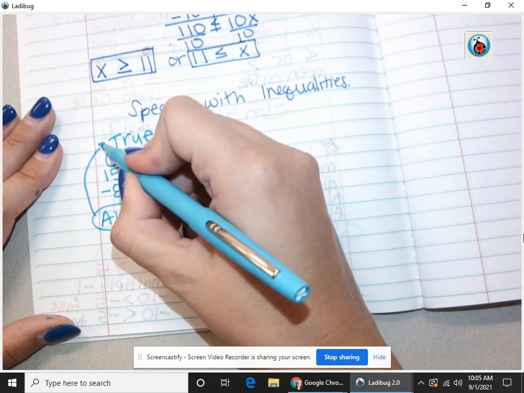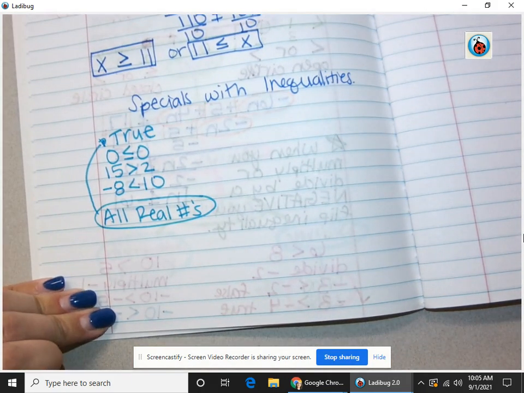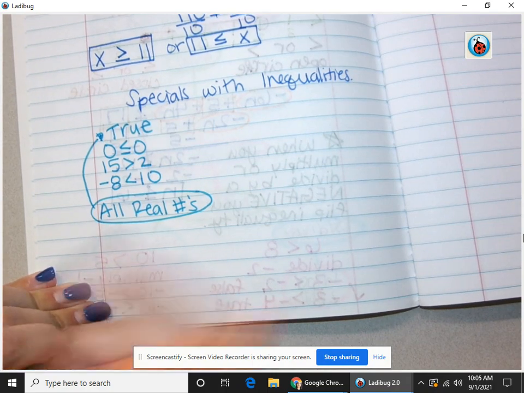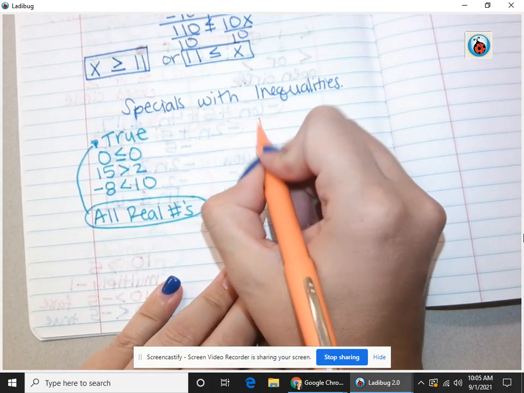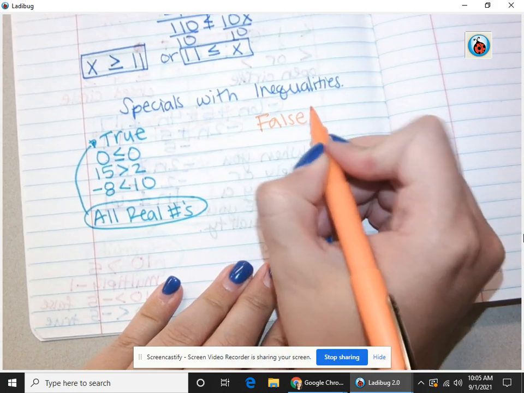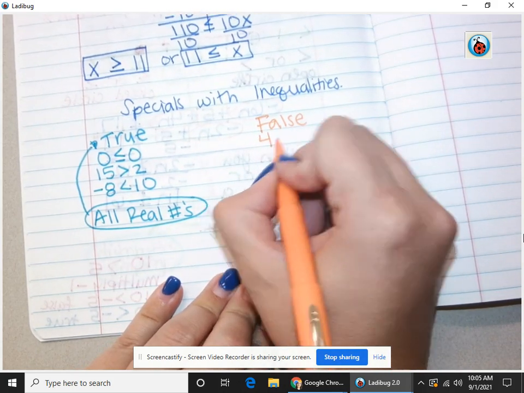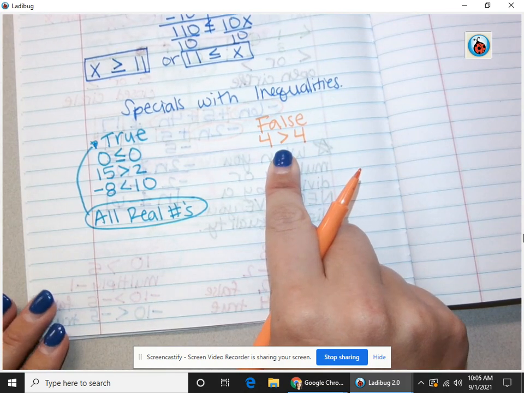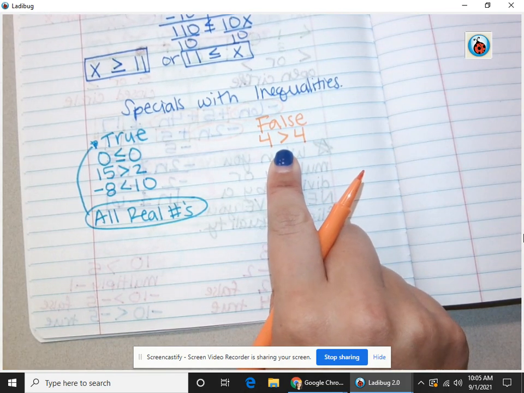Only if it's a true statement. If it ends up being a false statement, like 4 is greater than 4, why is this a false statement? Because it's not equal to, there's no equal to sign.